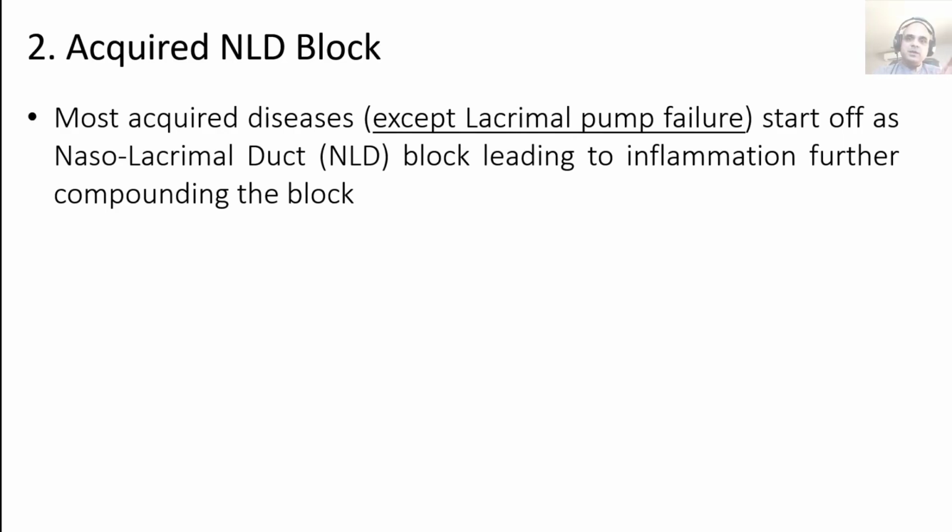It is possible for inflammation to occur before the block and inflammation itself causing the block, but most of the time, the majority of the time, it is the nasolacrimal duct block that leads to inflammatory processes.